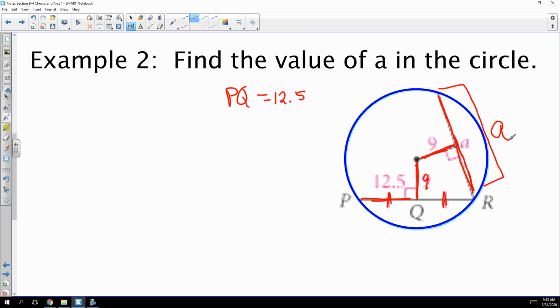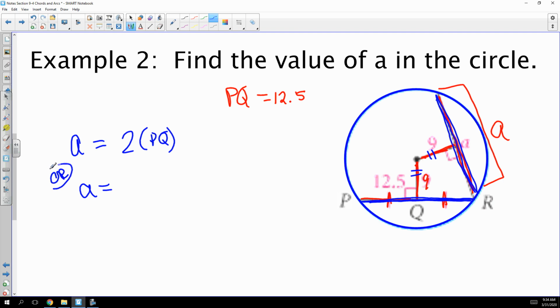So what we're going to use is the fact that we see two chords. Chord PR is a chord, and we also see this other chord over here with a length of A. And we notice that they are equidistant from the center, right? So A must be equal to 2 times the length of PQ, right?